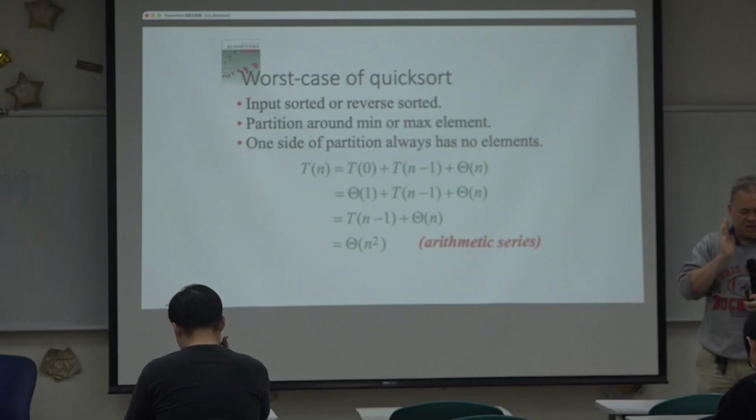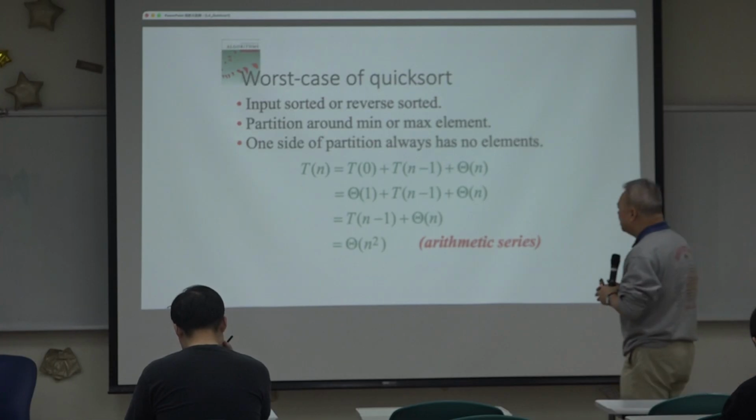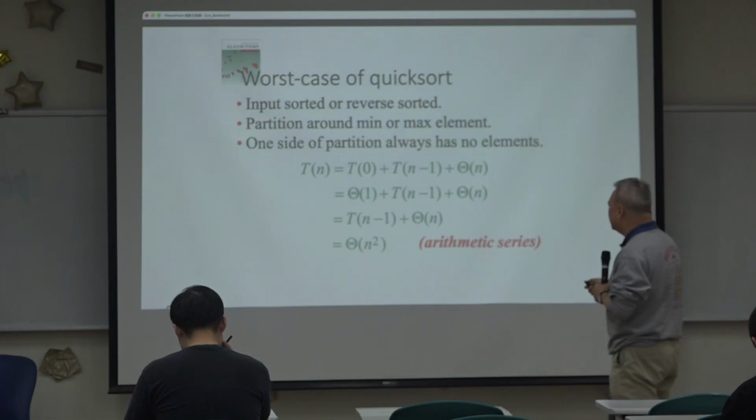Okay, because every time the pivot you pick, okay, it breaks the array into two parts where the first part is empty, the second part is n minus 1, or the other way around, the first part is n minus 1, the second part is empty. Okay, so this is the worst case scenario.